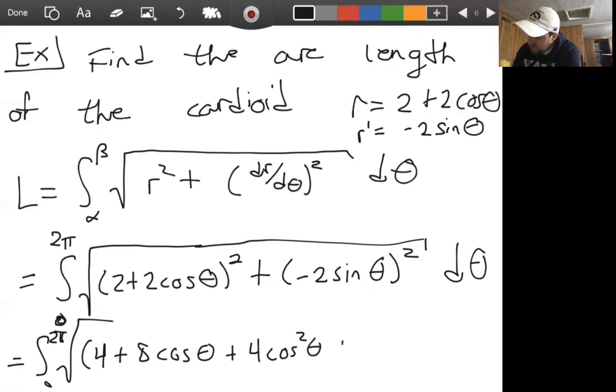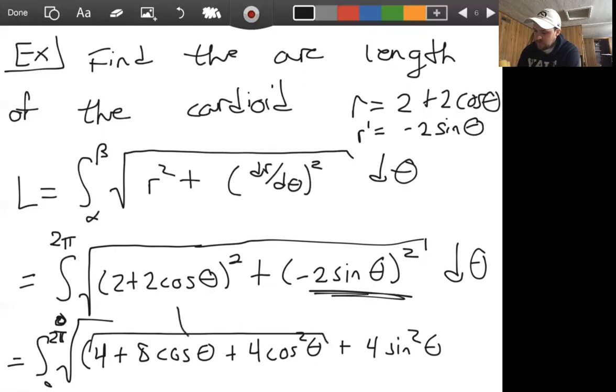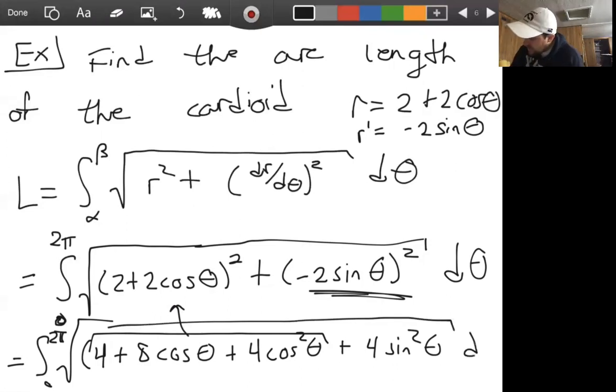Then we have plus 4 sine squared theta from this piece. This chunk came from squaring 2 plus 2 cosine theta, and the second piece came from squaring -2 sine theta.